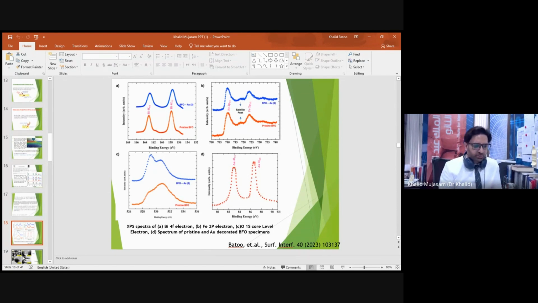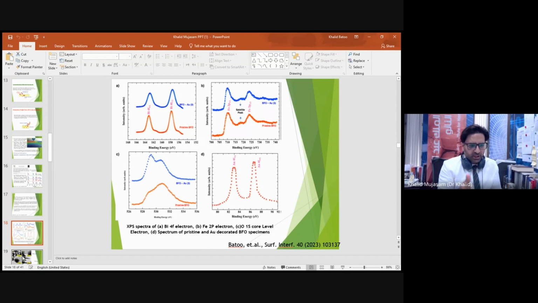What we did, we performed X-ray photoelectron spectroscopy, where we visualize the individual elements, where the bismuth has shown its peaks at 164 and 158 electron volt, and similarly the iron has shown its presence in its respective valence states. We also tried to find out about gold.